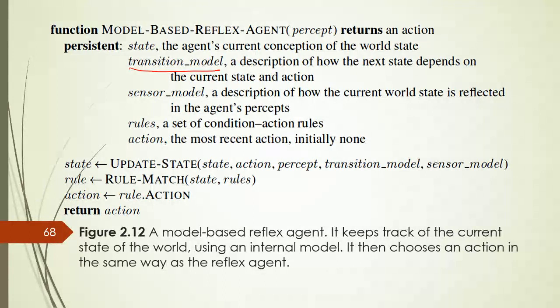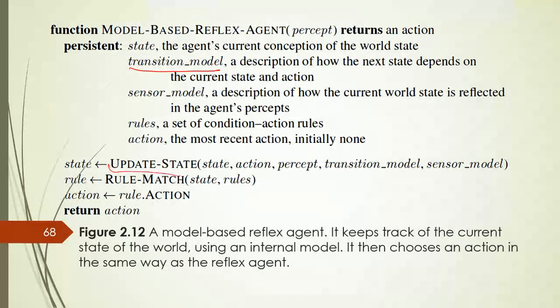This model might be originally defined or be developed during the work of the agent. Different types; we still need to learn more to get there. Sensor model: a description of how the current world state is reflected in the agent's percept. Rules, those tables also, and actions, the different kinds of actions it takes.